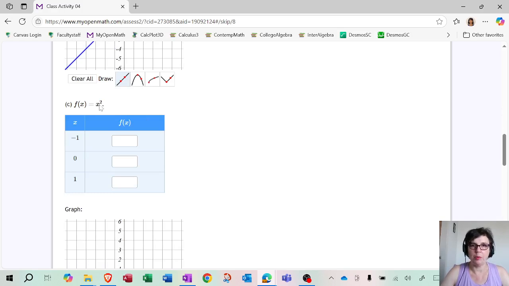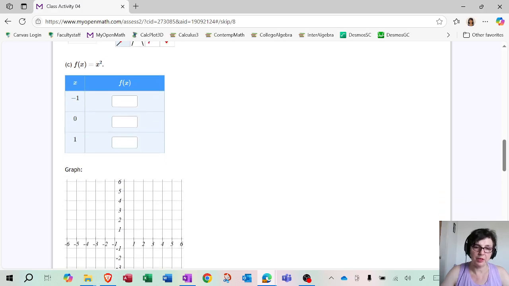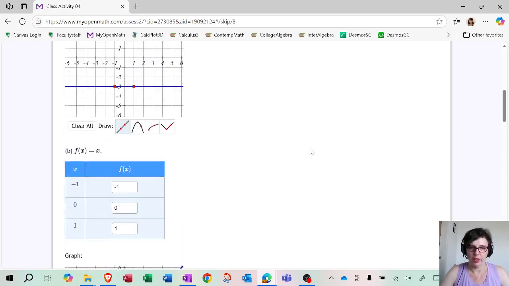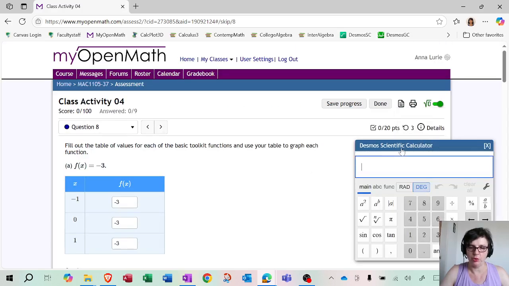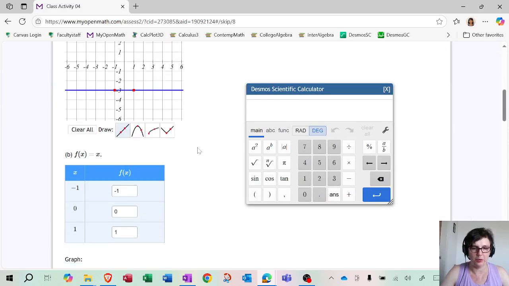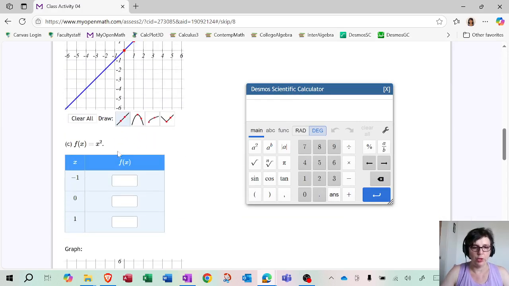Now, this one is a parabola. How do I know that? Because x is squared. Now, what happens here? When you square a negative number, you need to understand what happens. This is a typical mistake that a lot of people make. When they plug in -1 for x, they get -1, because what they're typing is this.